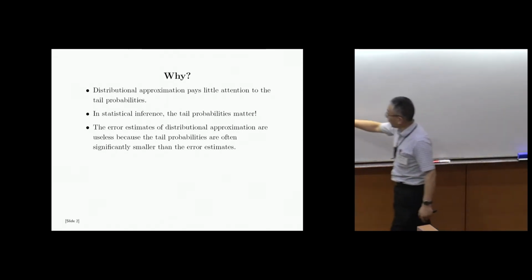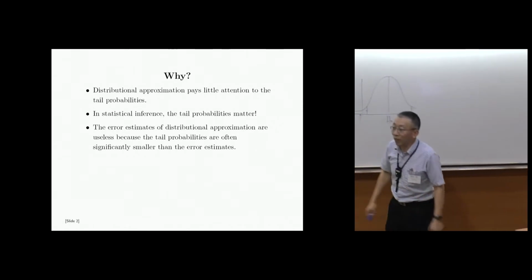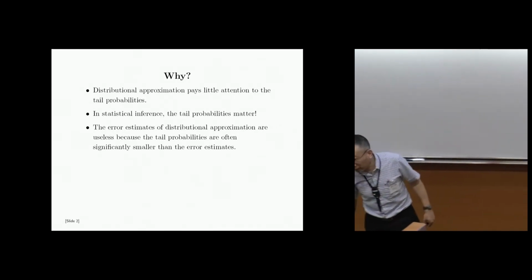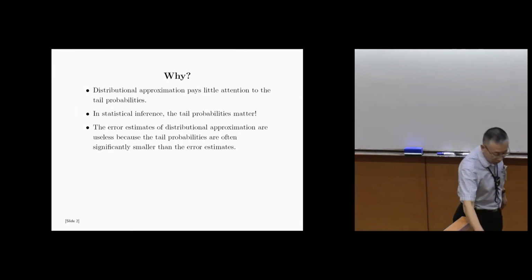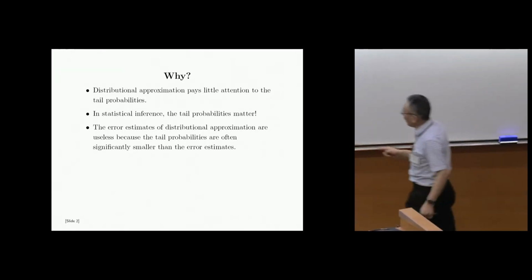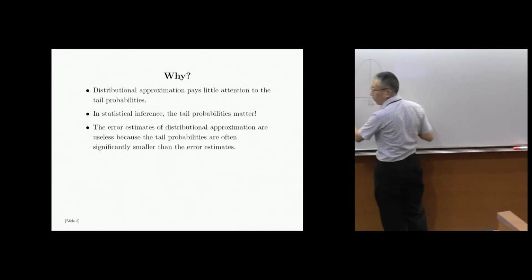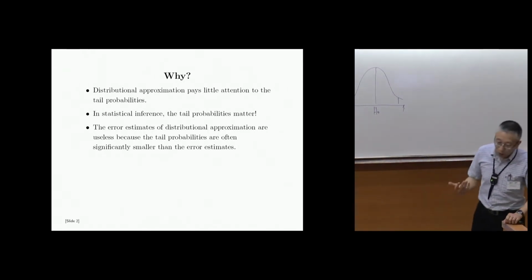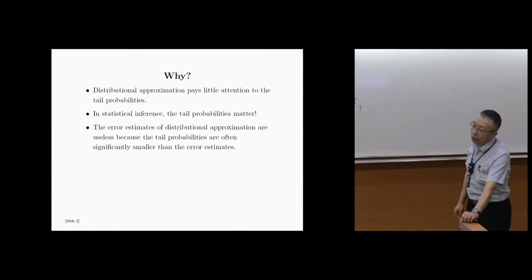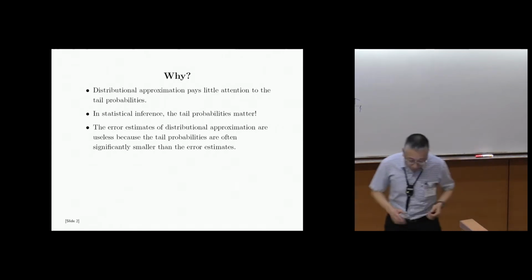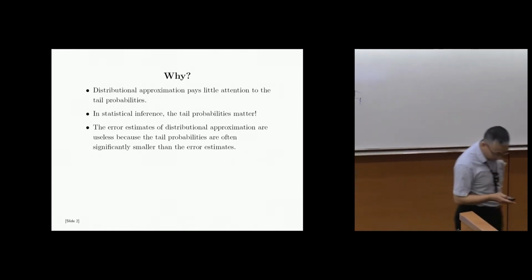Typically, these two tails add up to something like 5%, from Ronald Fisher saying that one mistake in 20 trials is regarded as acceptable. And these tail probabilities determine the range of the rejection region. So if the tail probabilities are not well calculated, then we don't have much confidence in what we say. This is the reason I started working on this problem.